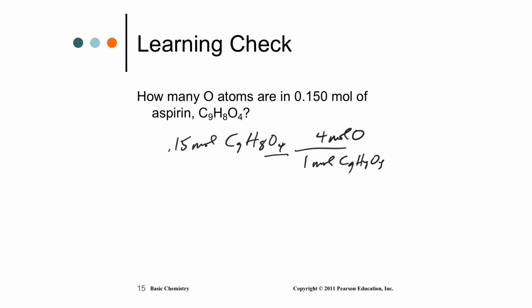Now, does that make sense? Because it's O4. There's 4 moles in that. Okay, this will cancel, and I'll have 0.15 times 4, so that's 0.6 moles of oxygen. All right, so that's it. I hope that helps.